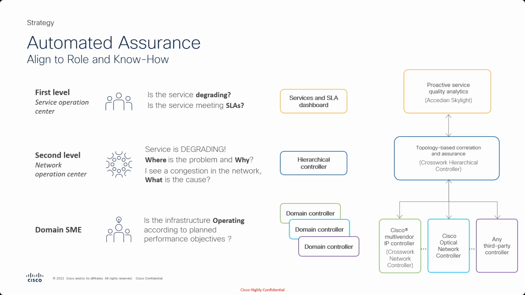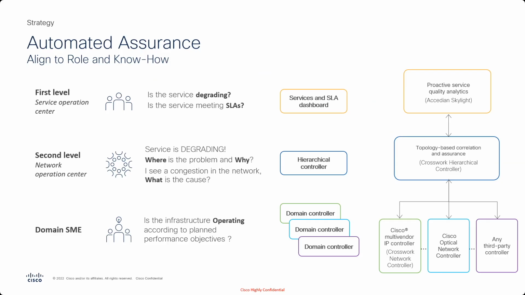The other aspect is that the way we added assurance functionality into the stack is not to add overlapping functionality, but to add functionality that fits the role and know-how of the operator using that specific tool. The first level is most probably a high-level operator. It does not know all the technology underneath.